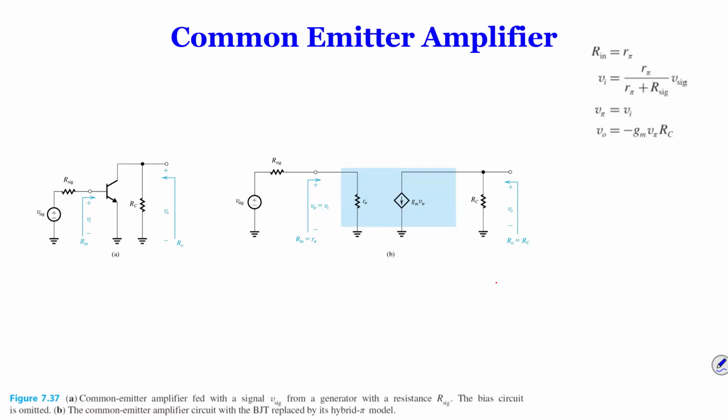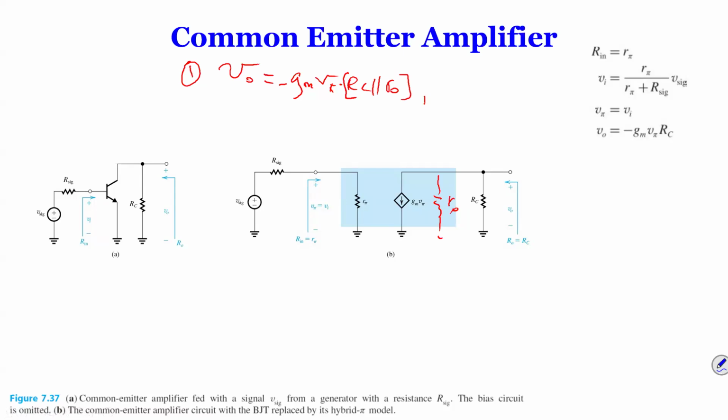You guys remember the gain is going to be, well, the output is minus GM times V pi times RC. I'm going to add RO over here, so it's RO in parallel with RC, you're going to have this one.